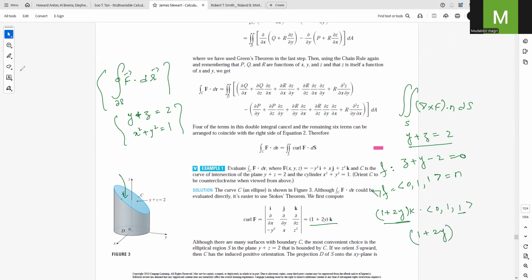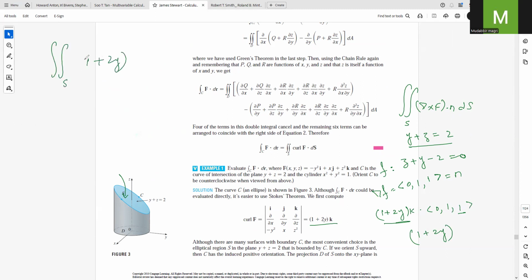Now we need to integrate this 1 plus 2y over S, 1 plus 2y ds, but before doing that we need to find the limits. So we will use the same parameterization as we did in the previous problem. The boundary curve here is circular.